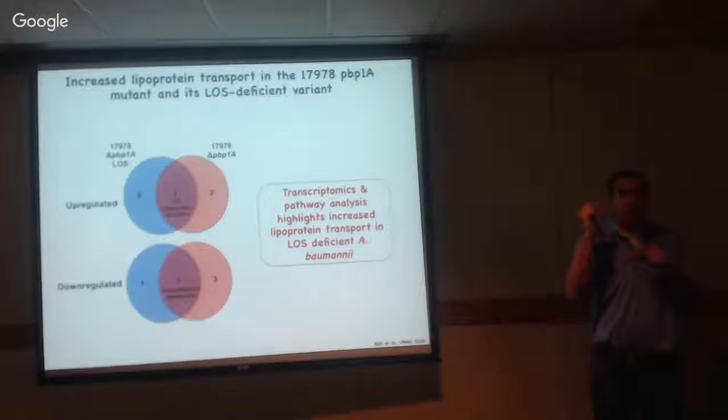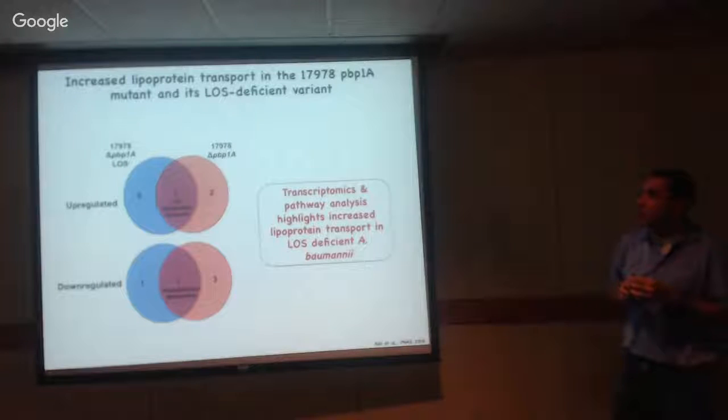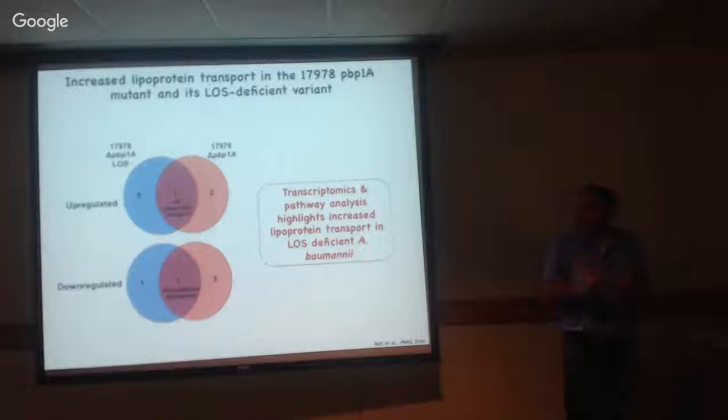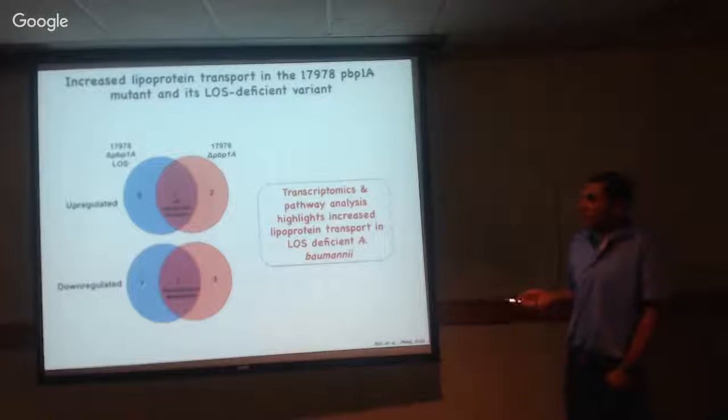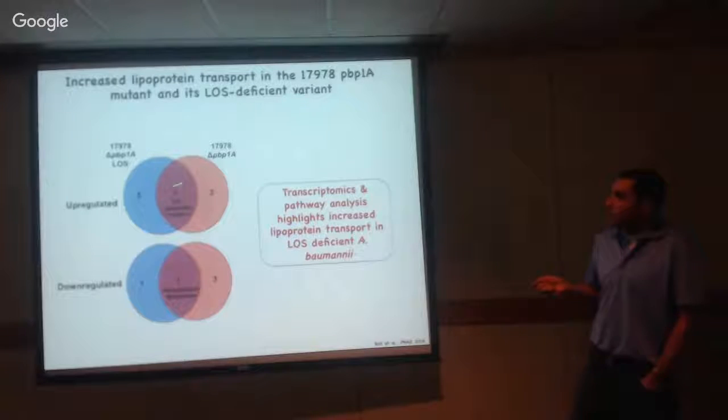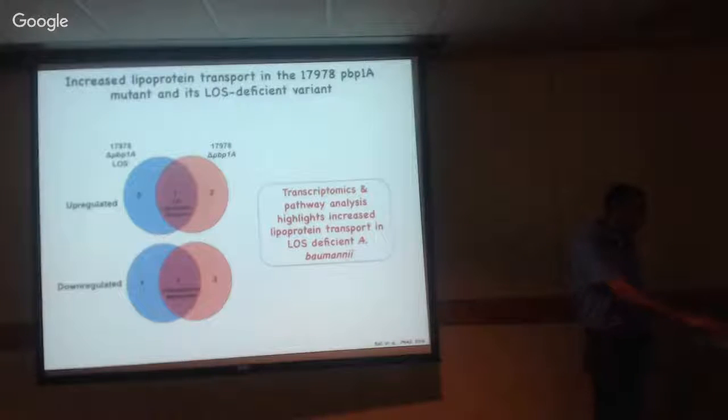And there's no energy in the periplasm, so it has these dedicated systems to move things from the inner membrane to the outer membrane. And this system is involved in moving lipoproteins from the inner membrane to the outer membrane. Additionally, phenylalanine metabolism was conserved among these two mutants in our downregulated genes, but I'm not going to talk about this today. So this really suggested that Lol lipoprotein transport was important.